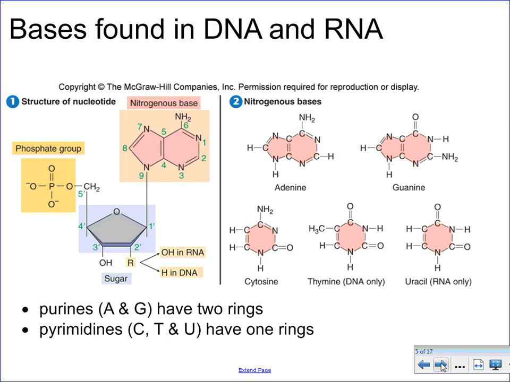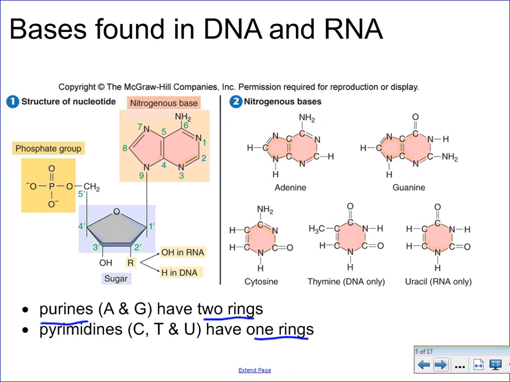The nitrogenous bases found in DNA can be categorized into two groups. The purines have two rings in their structure, and the pyrimidines have one ring.